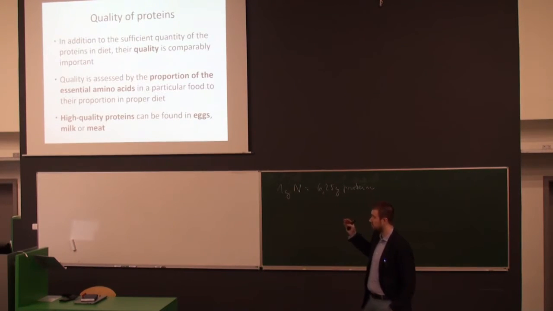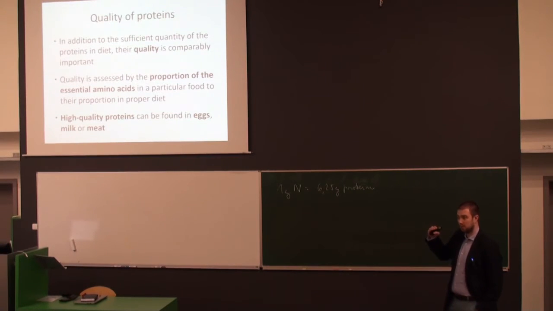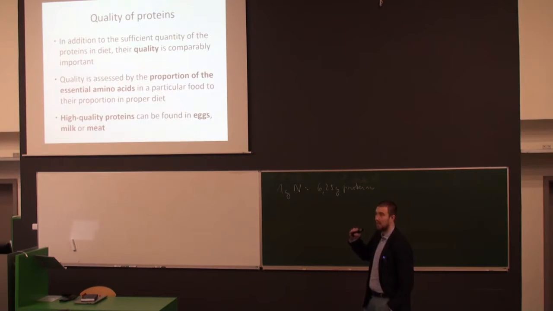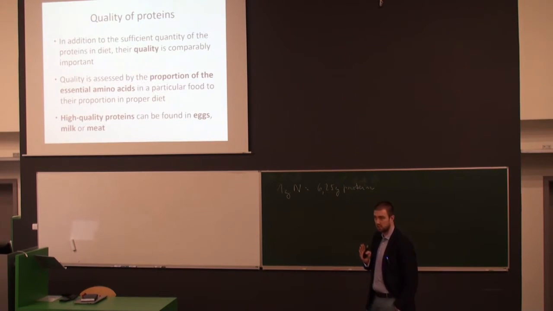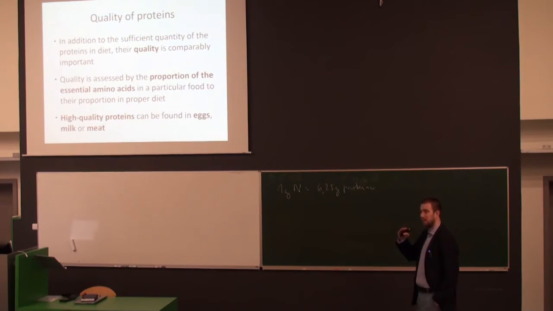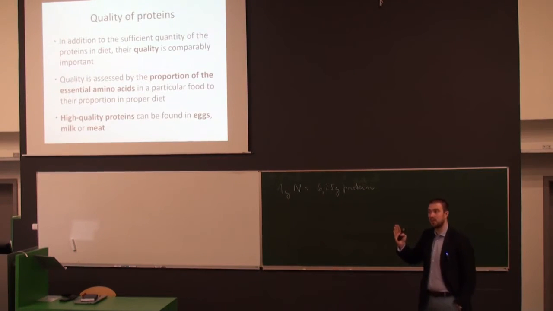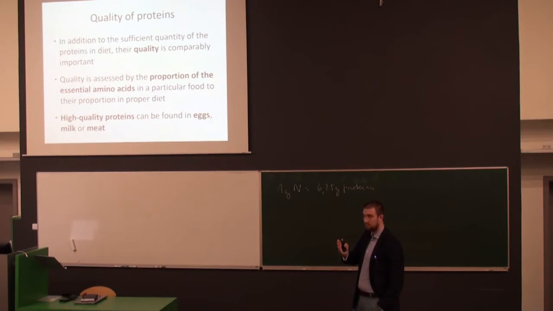If you want to fully exclude these proteins from your diet, you can do it. But then you must take into account that you typically must use a mixture of other sources of proteins to supplement the deficiency in some essential amino acids. So if you want to be a vegan, you can have absolutely no problem.